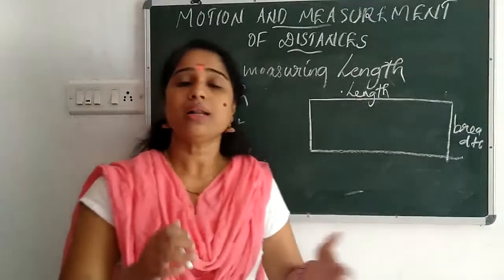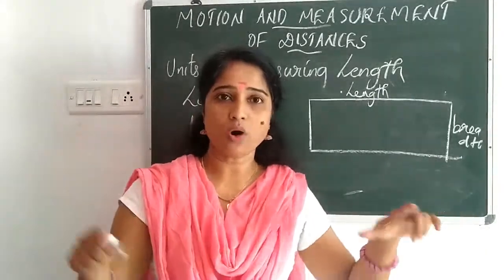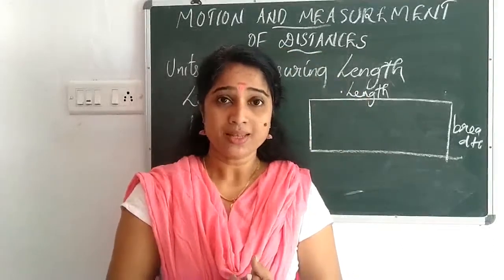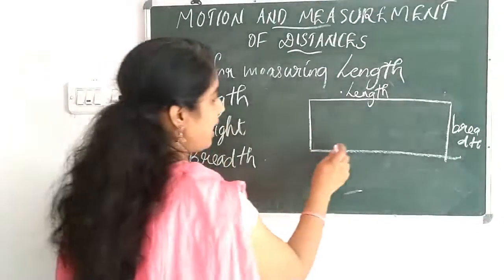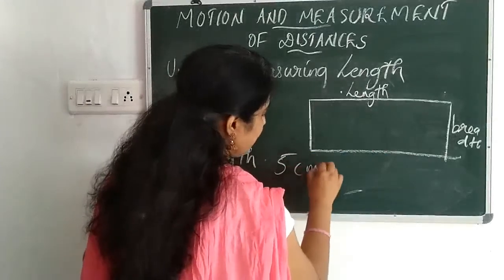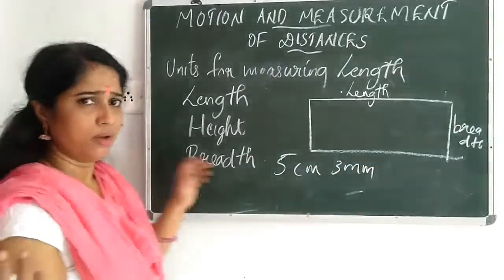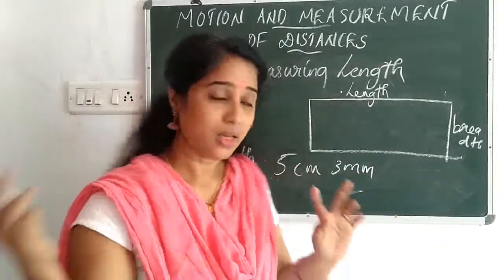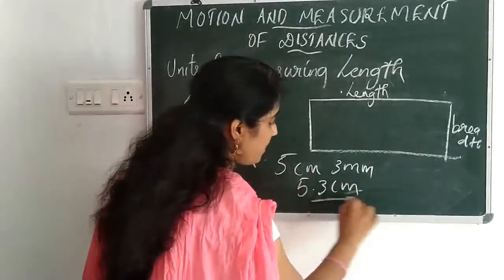Likewise, you can measure the length of the instrument box, the height of the instrument box, and the breadth of the instrument box. And you should write, for example, if the length is 5 centimeters, 3 millimeters, please don't write it like that. You are supposed to write 5.3 centimeters. Hope it is clear.